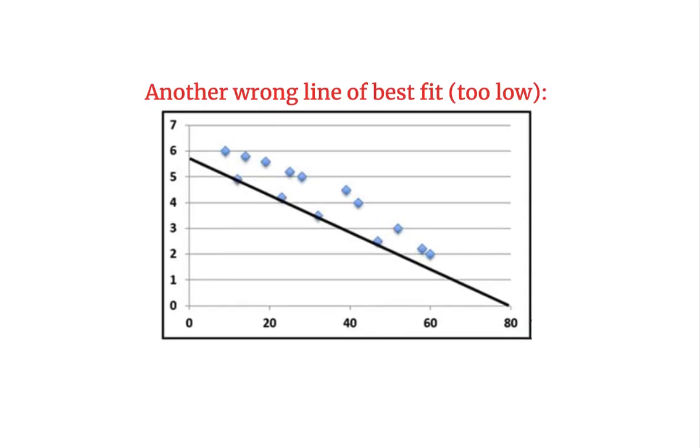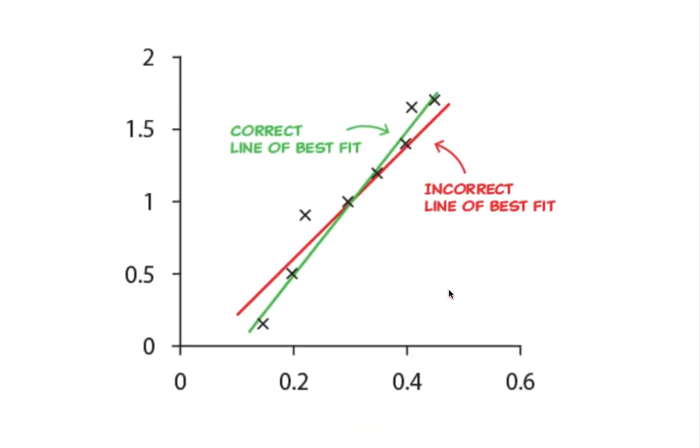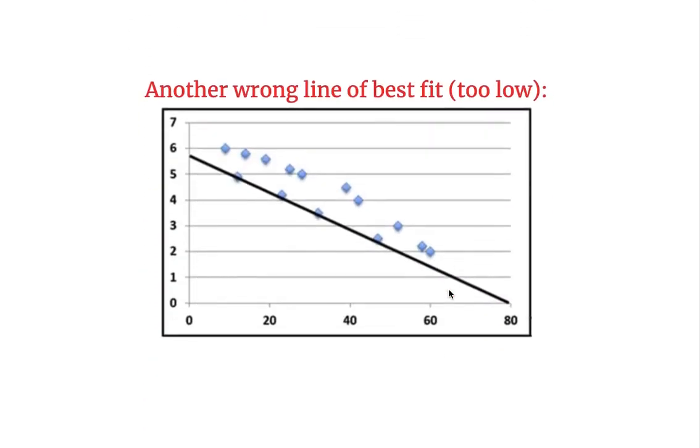Here's another example. So this line of best fit here, you can clearly see, it's a little harder to see on that previous one because both the lines are on top of each other. But for this one, you can clearly see that this is not a good line of best fit. It's too low. Most of the points are above the line. You want to have an even amount above and below. So a lot of times people will just do a connect the dots, and they're like, oh look, there's 4 dots that I can connect a line through.